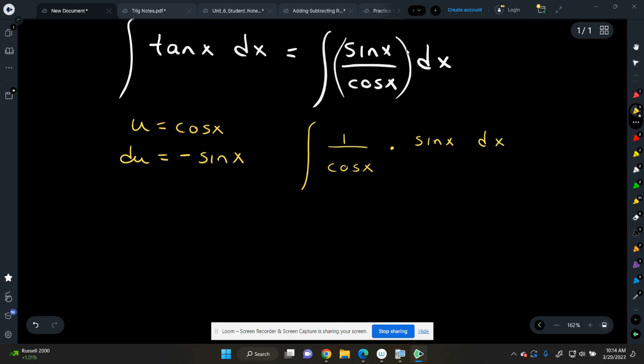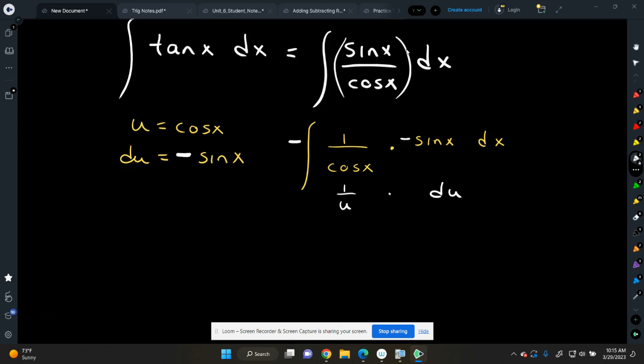I'm going to make this my 1 over u, and I want to make this my du, but I need a negative sign. So I need to put a negative outside. Everybody follow me?